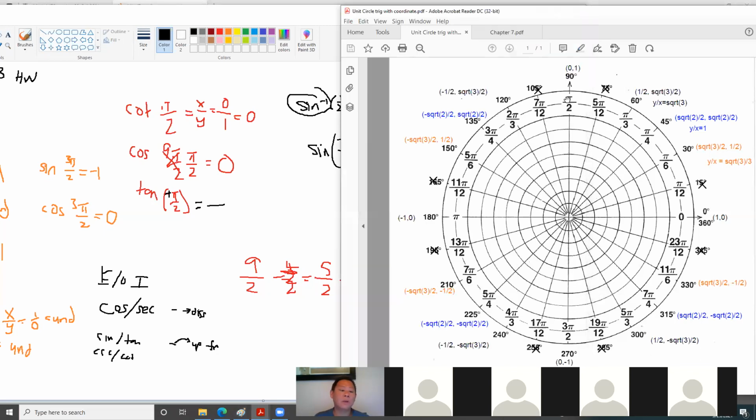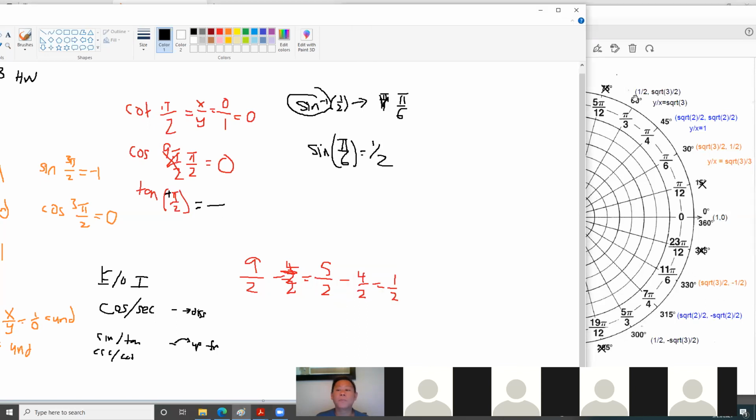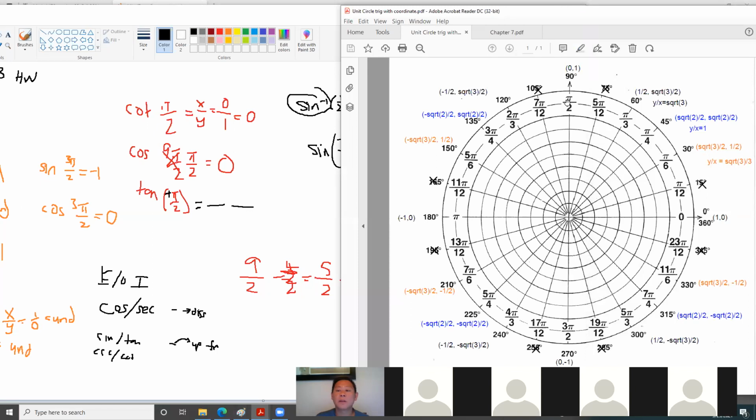So can someone tell me what is tangent pi over 2? This is pi over 2, right? And tangent is what over what? X over y, 0 divided by 1? 0 divided by 1 or 1 divided by 0?